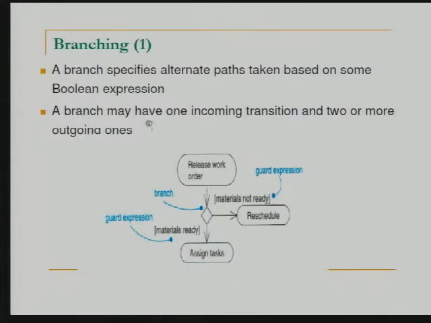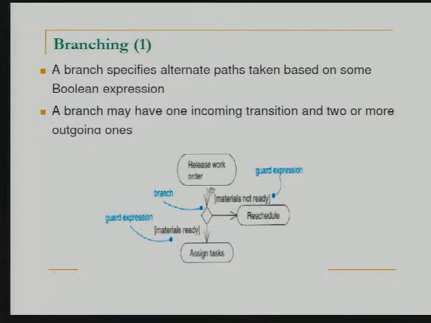Branching can be shown. Like I showed you, branching specifies alternate paths based on some kind of Boolean expression. Like I'm going to release a work order, and then I have to make a binary decision. The materials are ready or not ready. These are referred to as guard expressions.